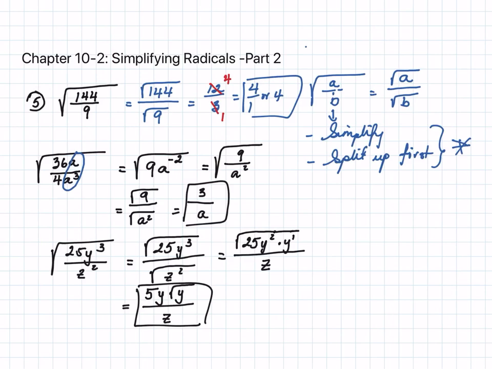Let me box this so it stands out a little bit. Let's say you have this problem right here. 2 and 3 are not perfect squares, they're primes. But according to the rules of simplified radicals, a radical 3 in the denominator is not simplified.